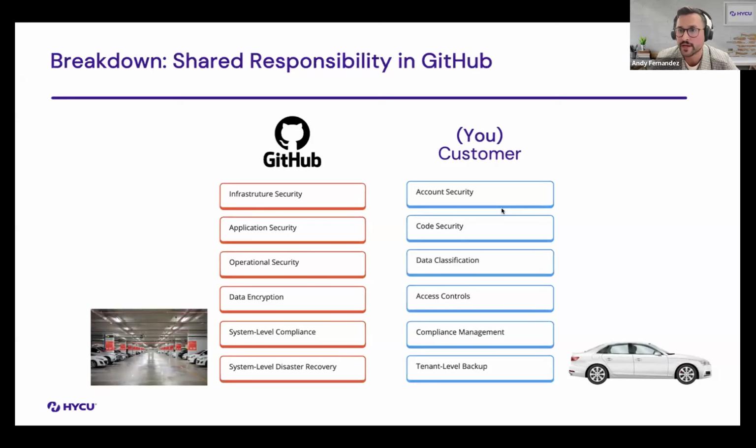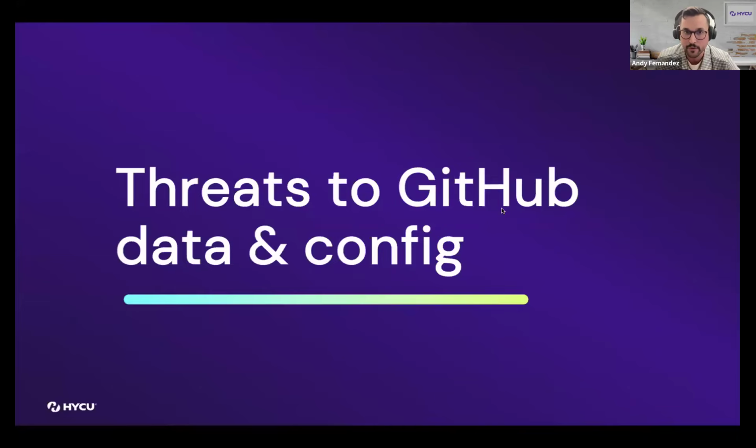Of course, support from GitHub will have some type of best effort, but they can't guarantee the recovery, especially in an SLA that works for the business. So not only is it important to make sure that you leave your doors locked and you don't leave your laptop in your car, but that you actually have insurance on your car as well. That's why today's conversation about backup and recovery for GitHub is so important.